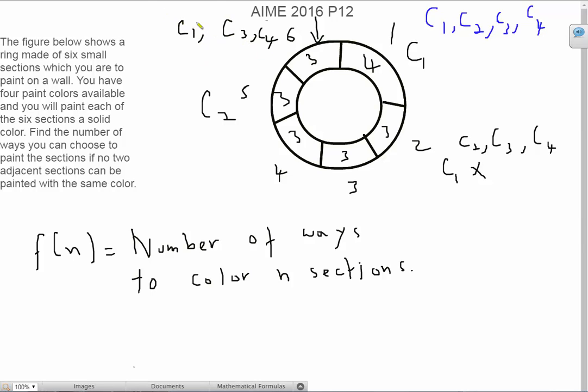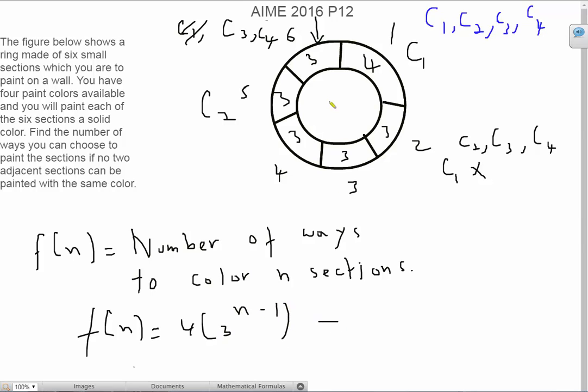And this is wrong, and so what in fact we have to do is find the total number of ways to arrange it in which the first section and the last section can overlap, and then we have to subtract the ways in which the first section and last section have the same color. So we have that f of n equals 4 times 3 times 3 times 3, and since there's n minus 1 3's, this basically becomes 4 times 3 raised to n minus 1.